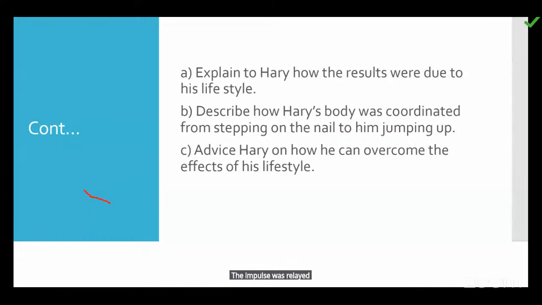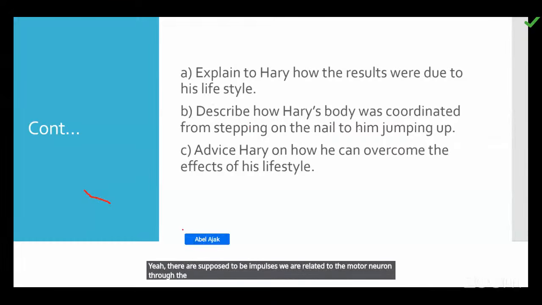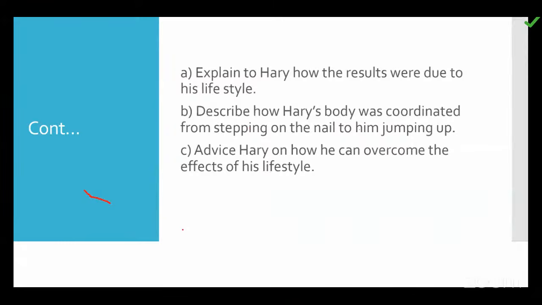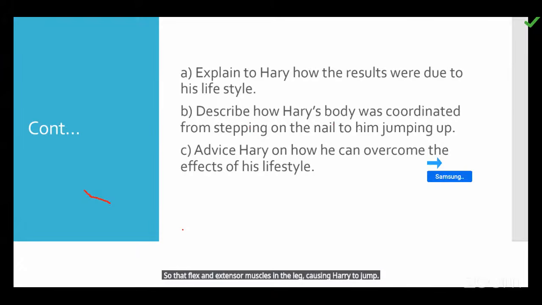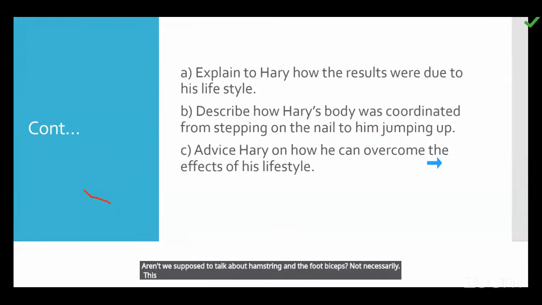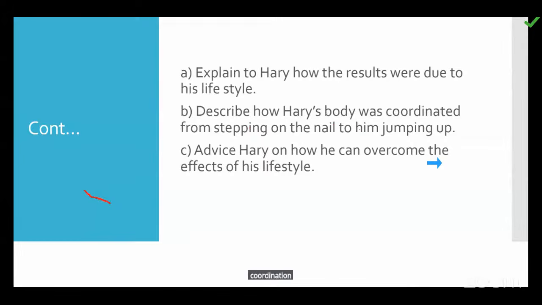Okay, they are supposed to be impulses were relayed to the motor neuron through the relay neuron. So the motor neuron sent impulses to the flexor and extensor muscles in the leg, causing Harry to jump. Aren't we supposed to talk about hamstring and the quadriceps? Not necessarily. This is just a coordination question. So being a coordination question, we may not.